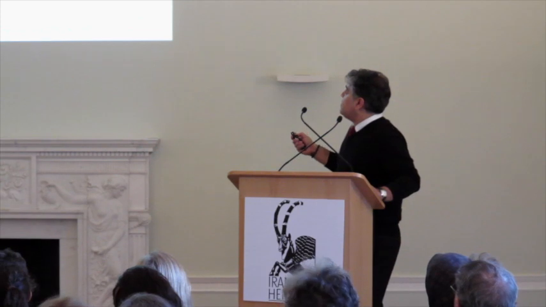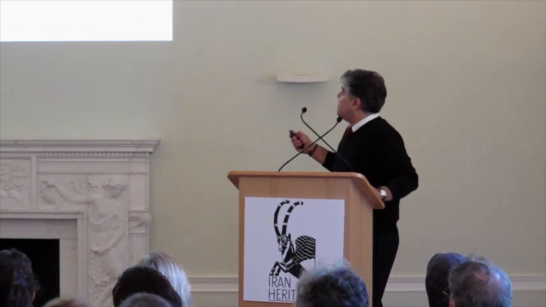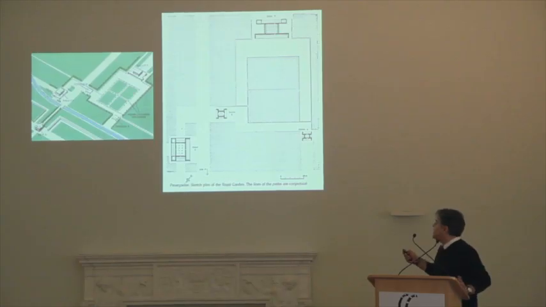And as you can see here, there is a palace or pavilion for the king, and there are 2 small pavilions that were probably used by the soldiers to control circulation. And then there is this big planted area in the middle of the garden.